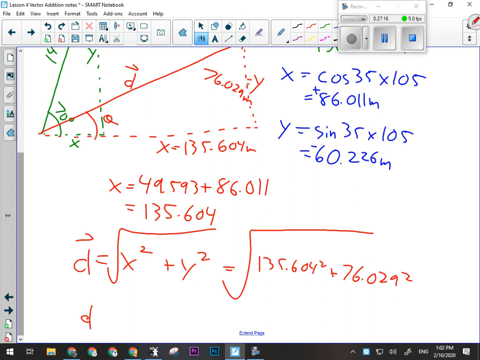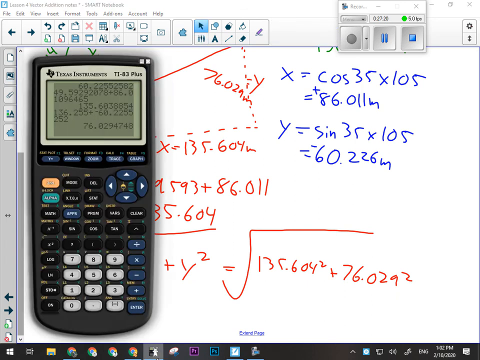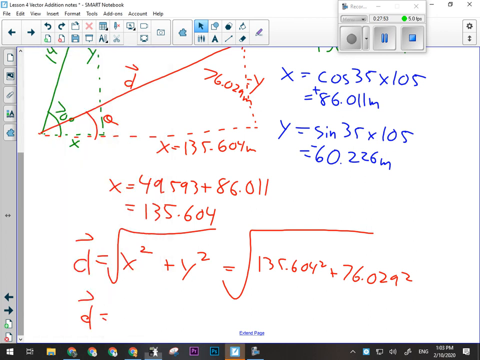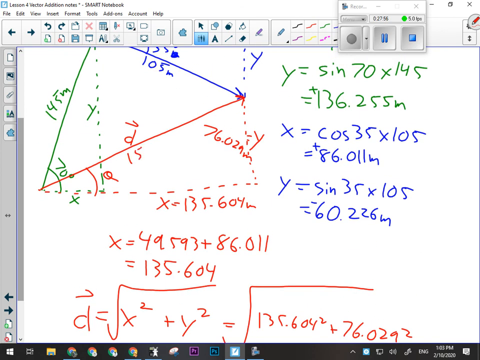So the overall displacement is 155.464 meters. That's the magnitude.